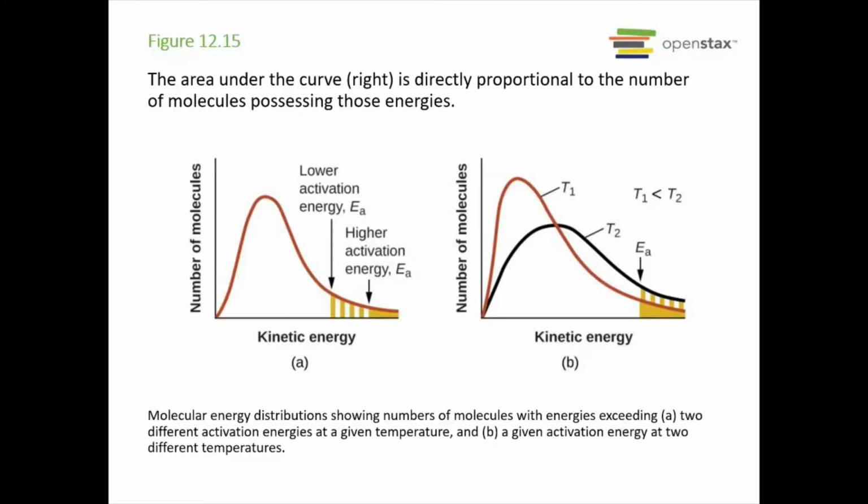So looking at activation energy, if we're looking at the number of molecules versus kinetic energy in these plots, the area under the curve is directly proportional to the number of molecules that possess those energies.